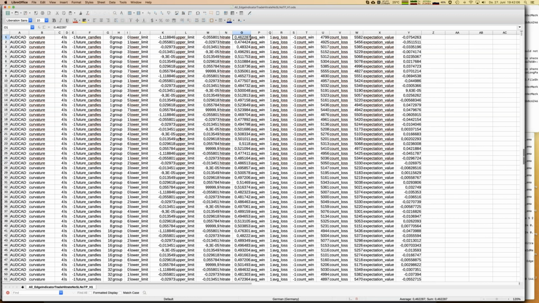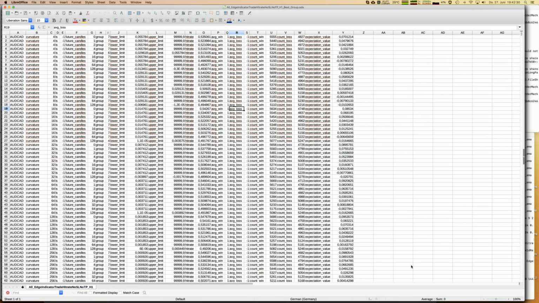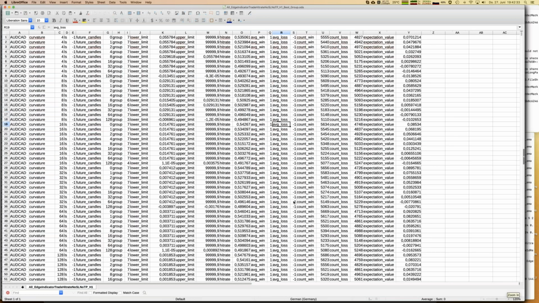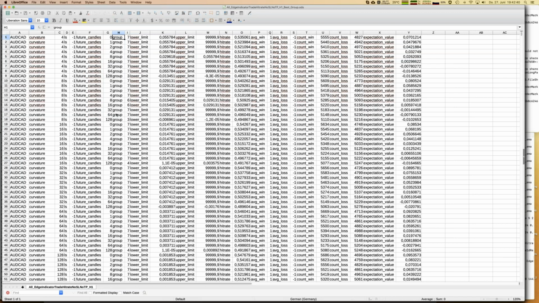And now what I have done is I first asked, hey, please tell me the best group per given indicator and period and future candles, because we can do the same analysis, the one we have done here with 1 future candle, 2 future candles, and so on. Okay, cool. Give me the best values. I've done that job already. Then the Excel sheet is already much smaller, only 26,000 rows.